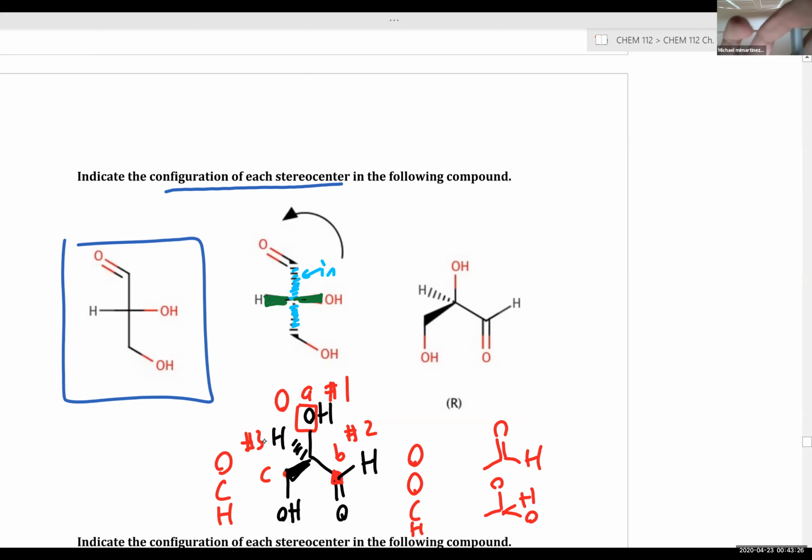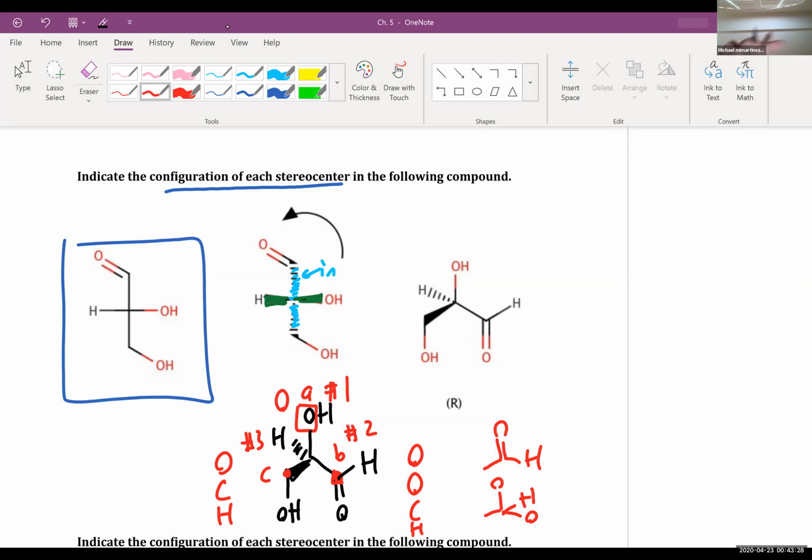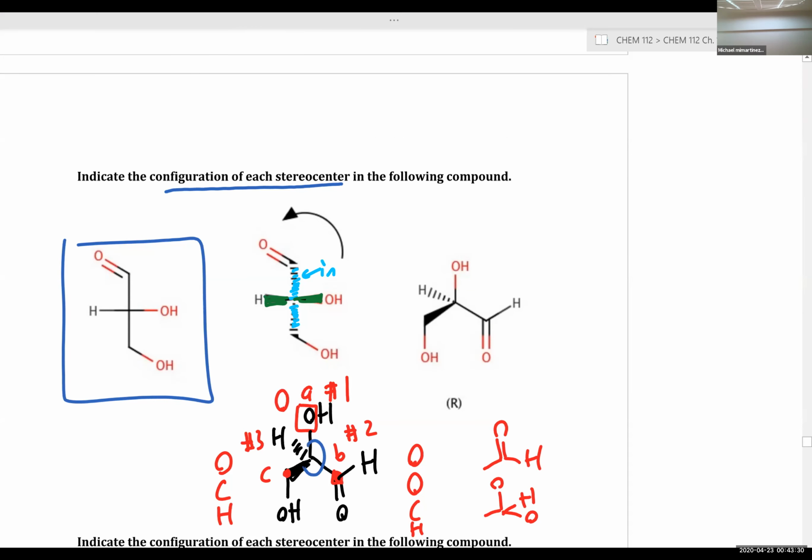So now that we have our priority groups established, we trace from highest to lowest priority. And as we see, we're moving clockwise. So we assign the center as an R configuration. Does that make sense to everyone? Is everyone comfortable with this idea?